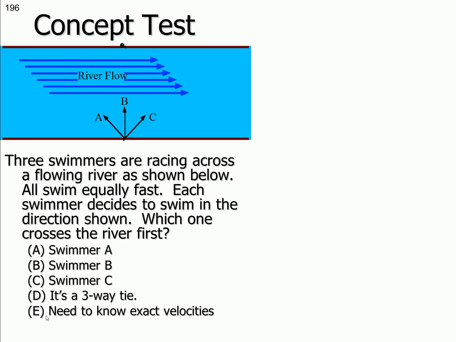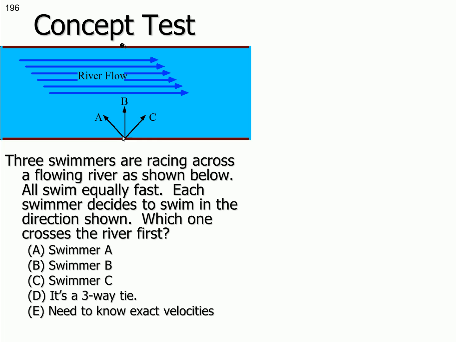Alright, we're back. Let's think about the following. I didn't specify what the velocity of the river was, so we can make it anything we want. Presumably maybe we need to know the exact velocity, but I don't think so. Let's assume the river is not flowing.